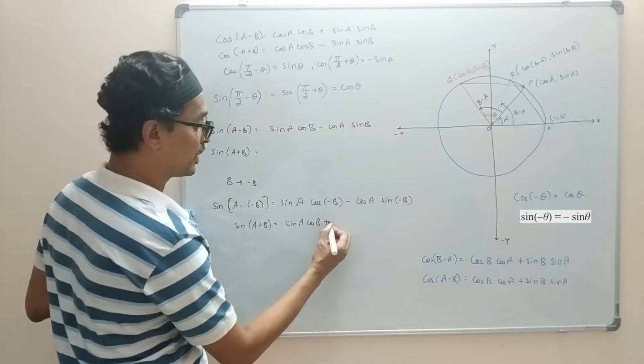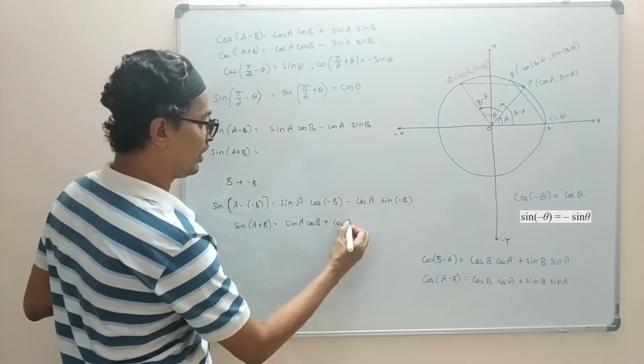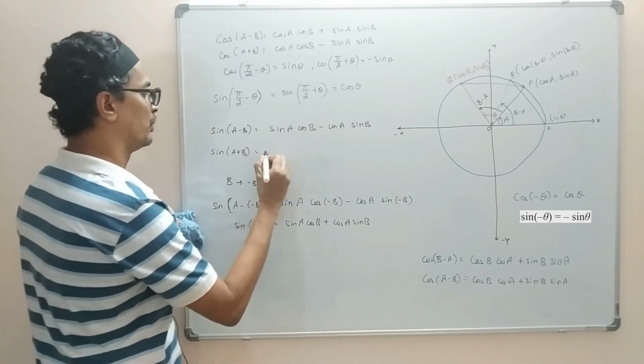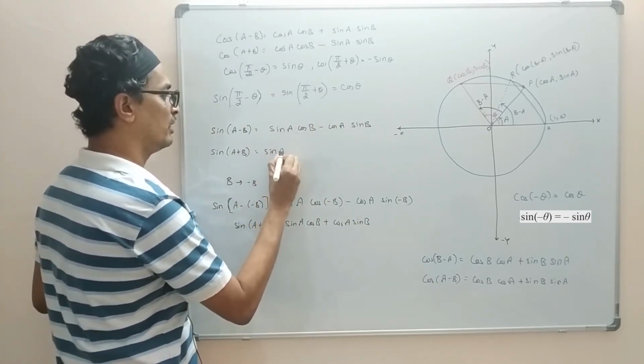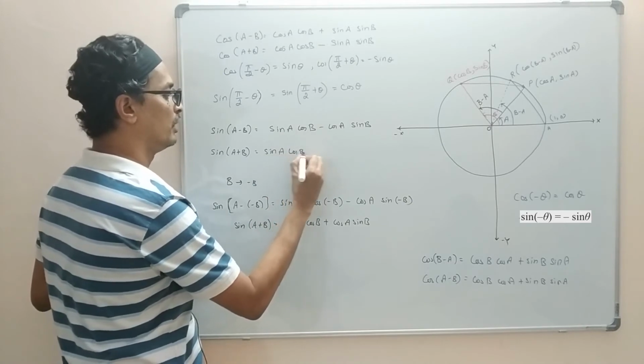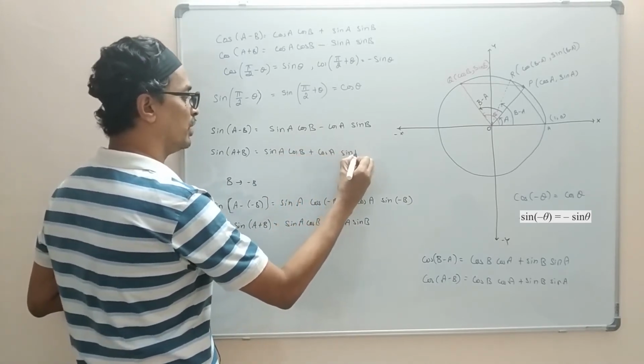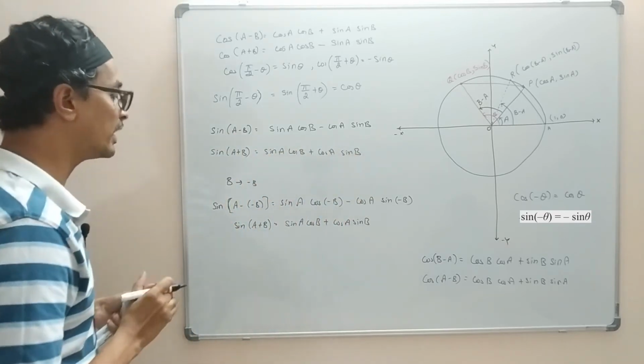So only the sign will change: sin A cos B plus cos A sin B. So we got the common relation for sine also.